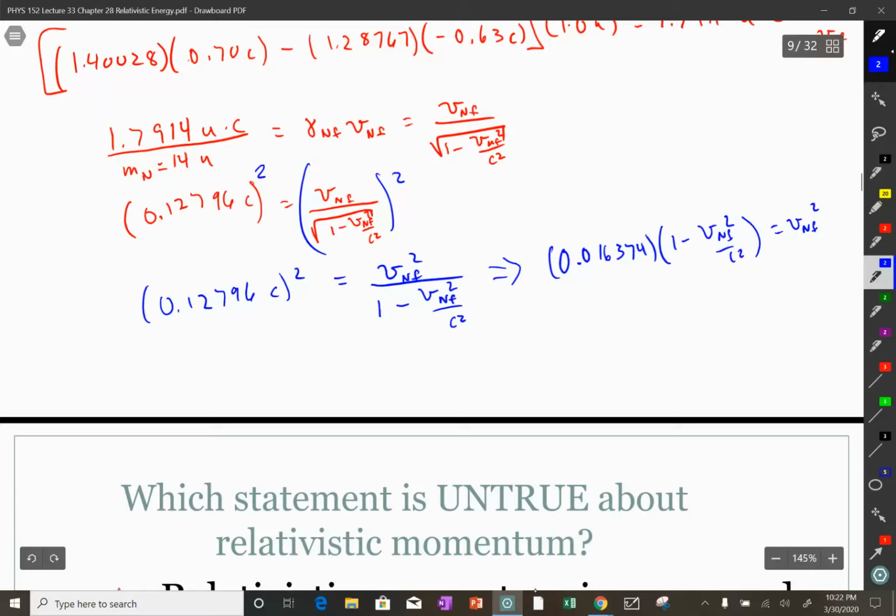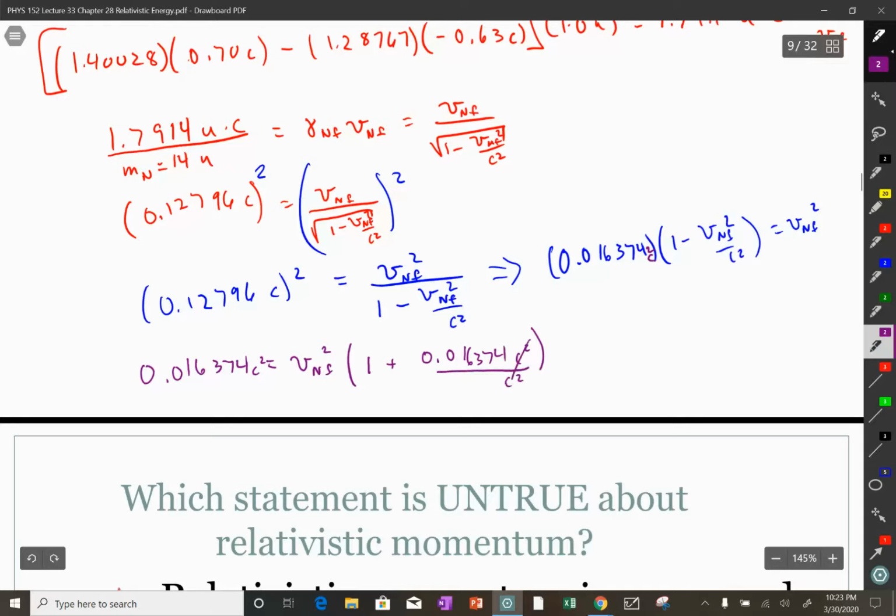Let us now bring the two Vn finals together. Let me change color just so you can see what I'm doing. 0.016374 is equal to Vn final squared times 1 plus 0.016374 C squared over C squared.